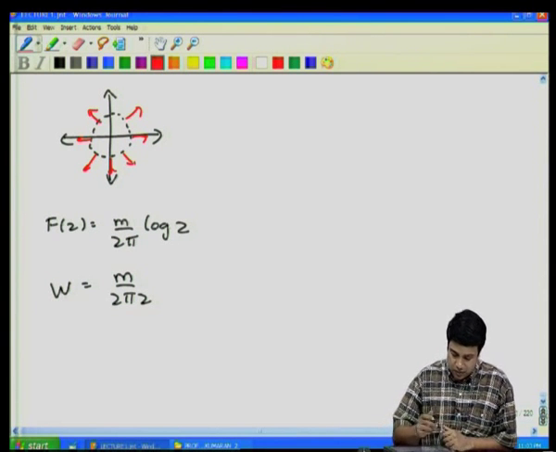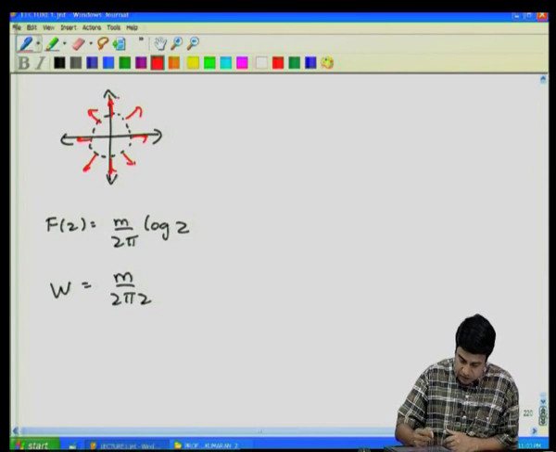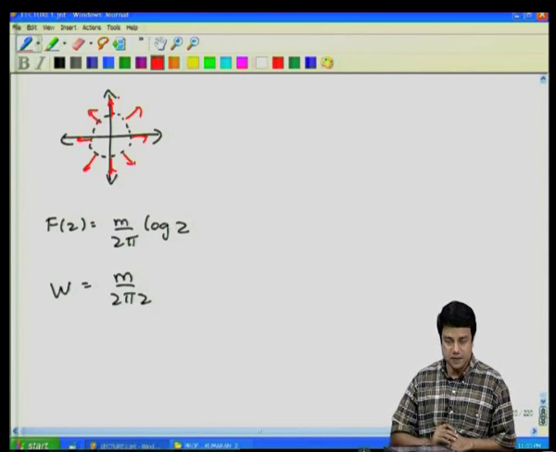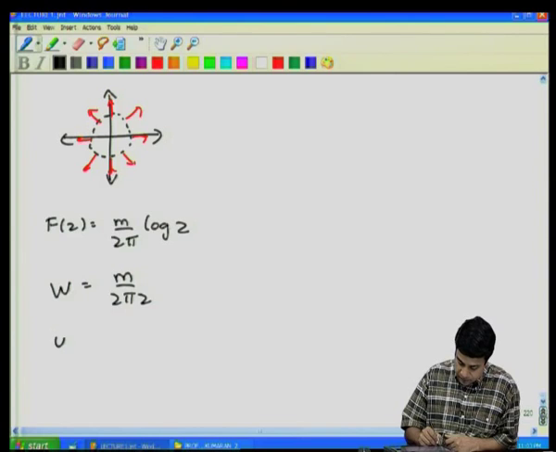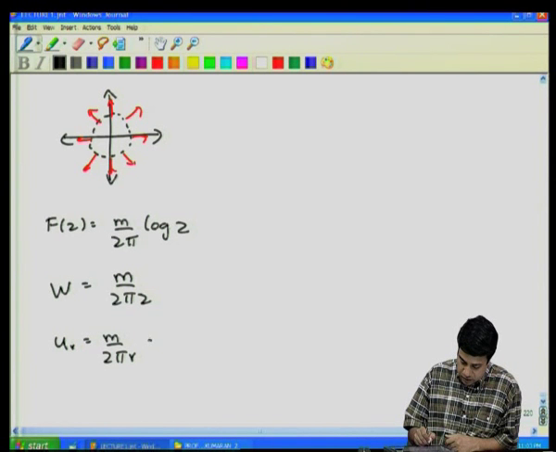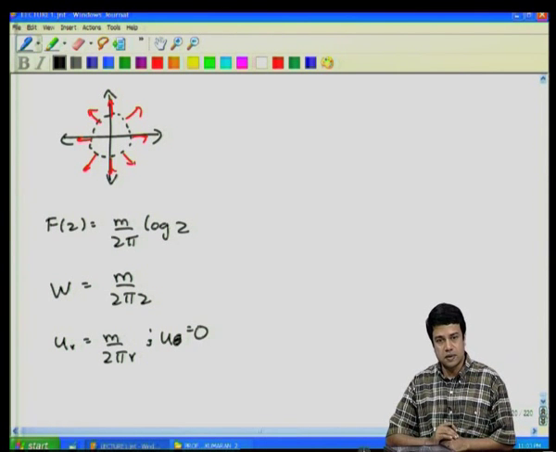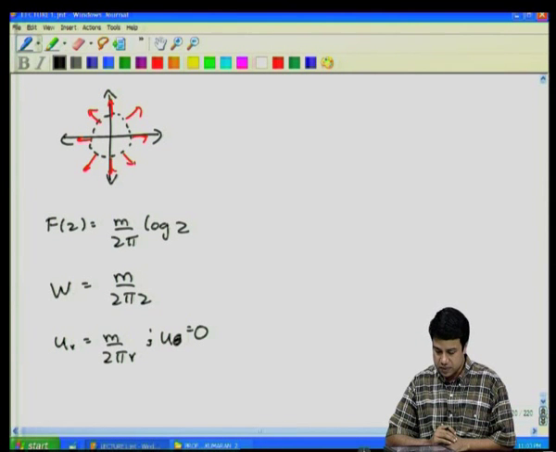So this was a radially outward flow, m by 2 pi log z, in which case the velocity was m by 2 pi z. This corresponded to u_r equal to m by 2 pi r, and u_theta equal to 0.